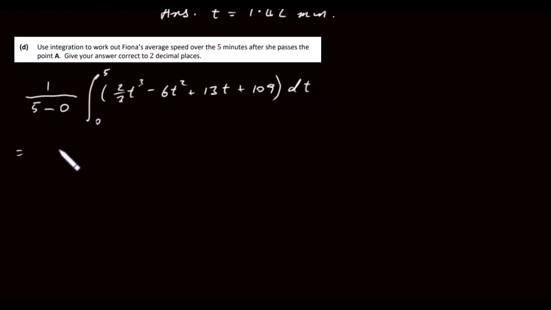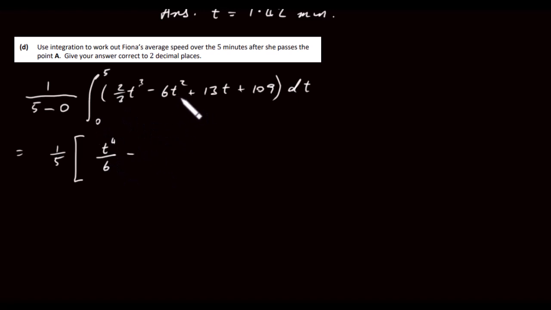So this is going to be 1/5 of, now again we've got to increase the power by 1 and divide by that power. So that's going to be t to the power of 4 over 4. So 3 4s are 12, so that's going to be 1 over 6, so that's going to be over 6 here.